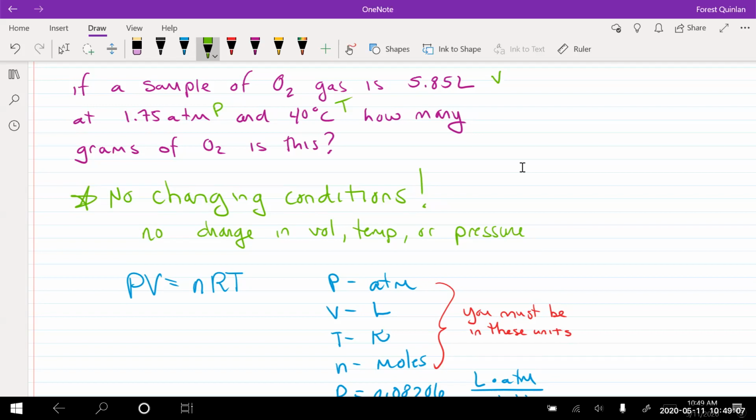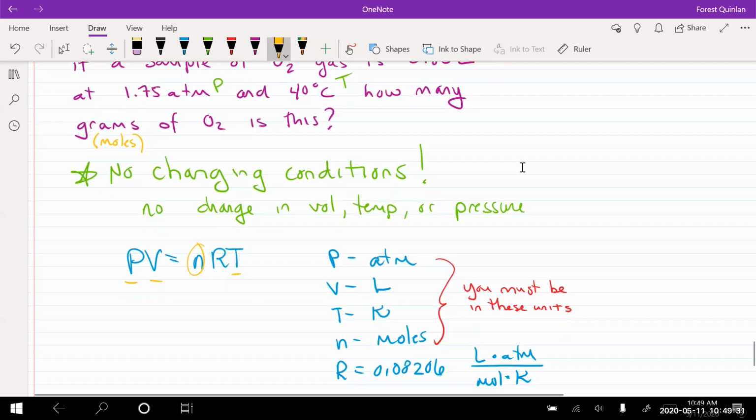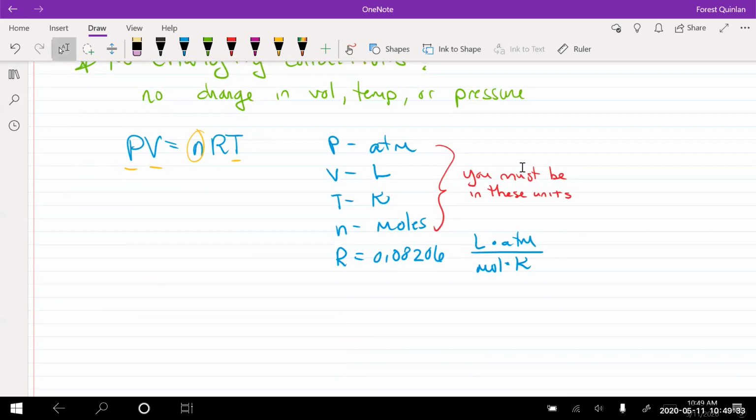So if we go back there to the top, we see the volume, the pressure, and the temperature. And I say how many grams, okay? But what do grams also look like? Moles. Right. So when we take a look at this, we have pressure, volume, temperature. We already know R. We're going to be solving for n and then converting it.